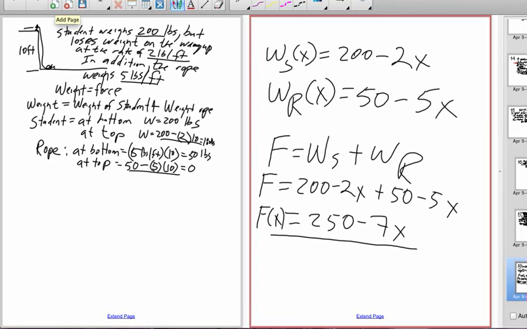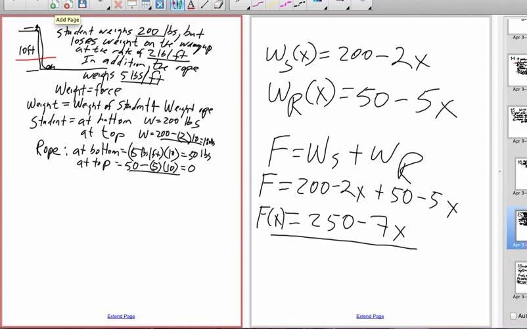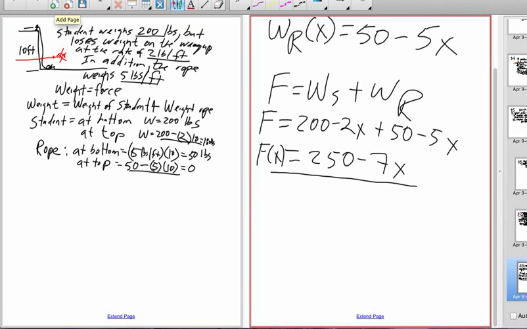Okay, so this is an important little distinction. What I'm going to do here is pick some arbitrary point, so arbitrary height, x. And I'm going to move him up a very small distance, dx. So the work done, in other words my instantaneous work at some point x, is going to be equal to my force times my distance, which is dx.